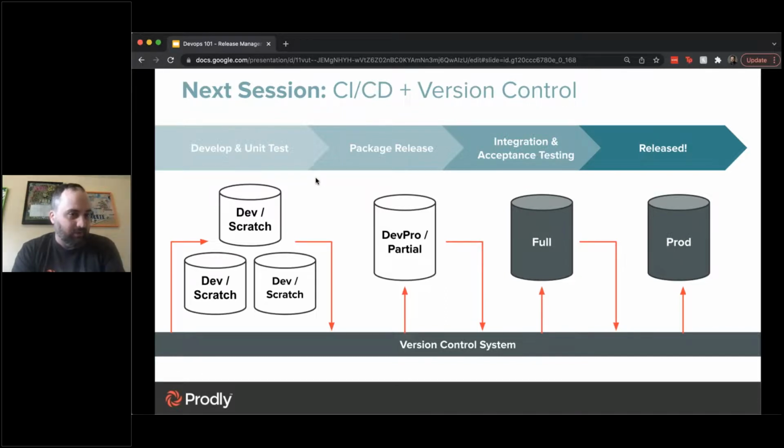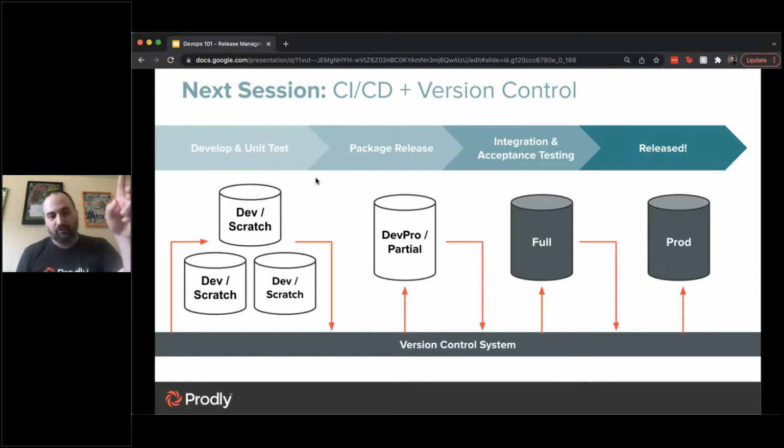So we'll be talking about source-driven change management, where the version control system becomes your source of truth. It's always going to have the full configuration backup for production that can then be seeded in. That's these arrows that point up straight out of the version control system into your full copy sandbox or your developer scratch orgs that you're using to make sure that they're getting all the components that they need to do work and that they're always up to date.